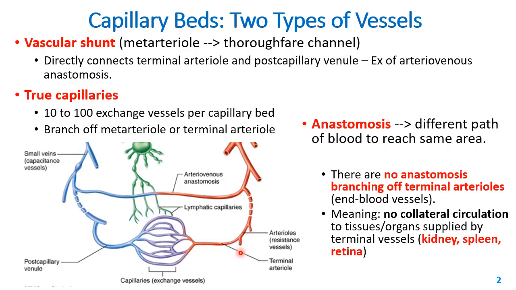And also the blood that supplies nutrients to the kidney cells is coming also from a terminal arteriole. So you have kidneys and a spleen. There's also going to be filtration of stuff in the blood, but not of the blood itself. So spleen, and also the retina at the back of your eyes. So those three organs do not have this option for side circulation, or they do not have those anastomosis.